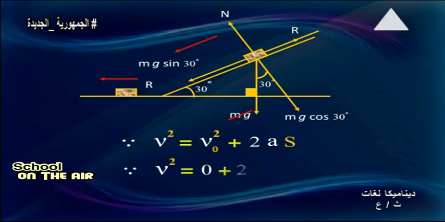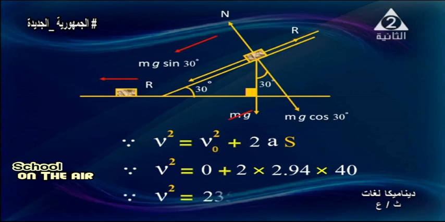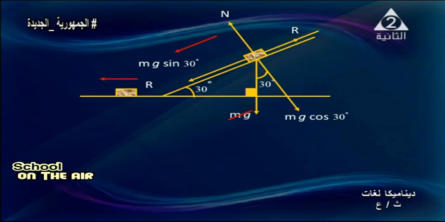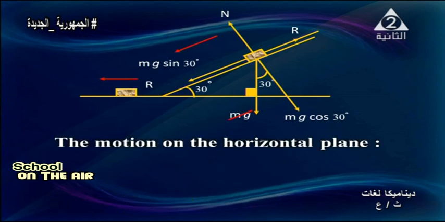Then v power 2 equals 0, 0 is the initial velocity of the box at the top of the inclined plane, plus 2 multiply the acceleration 2.94 meter per second square times 40 meter, which is the length of the inclined plane. Then v power 2 equals 235.2.